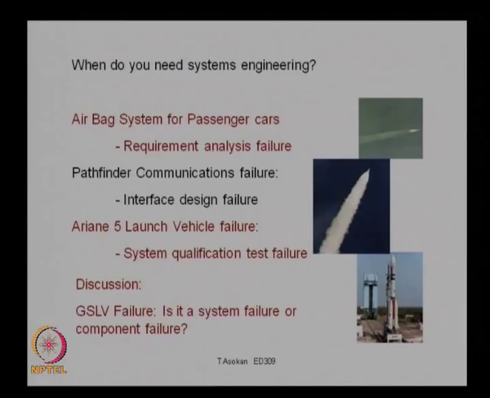This was because of an interface design failure, and we also discussed the Ariane 5 launch vehicle failure. These are all examples of system failure, and whether they are candidates for the application of engineering system design, we need to find out the real causes of system failures, to see what actually happened in the system or what caused the failure of the system.